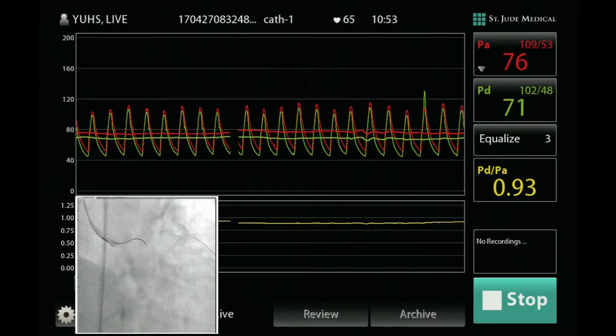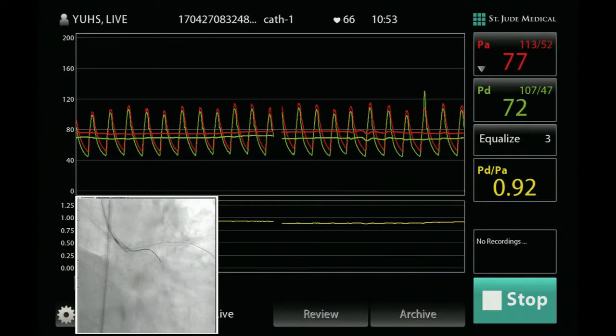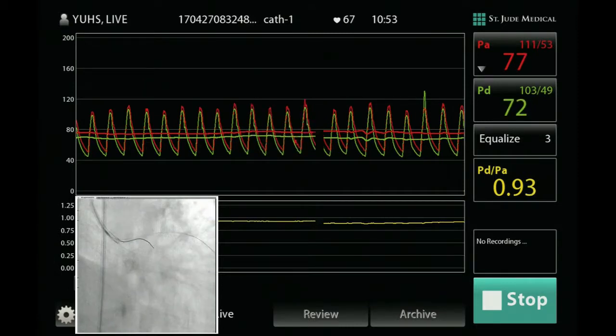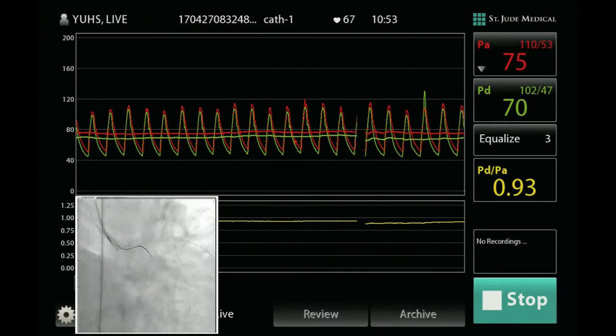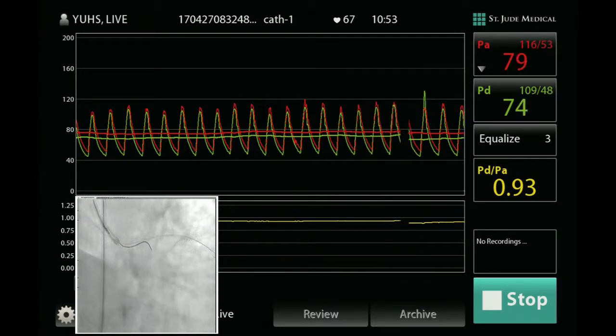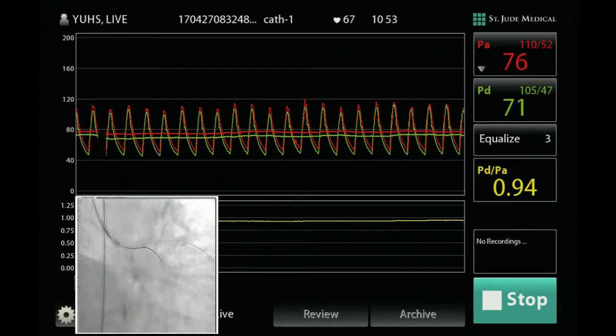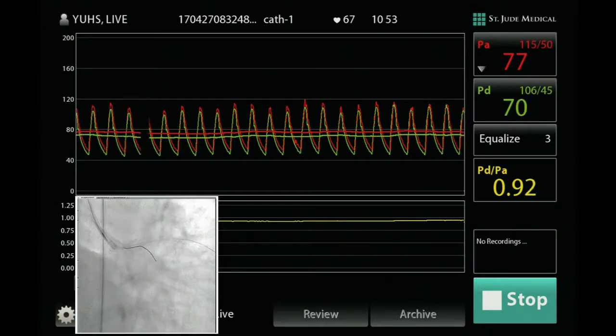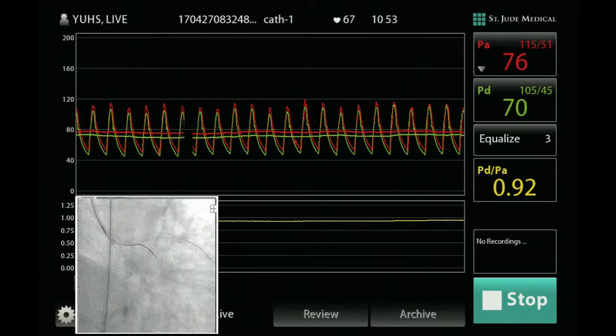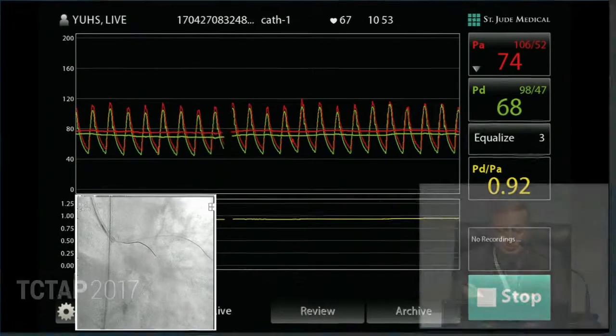But you need to stop the adenosine first. So not equalized pressure. Yeah, but stop the adenosine. Looks like negative. If you have time, equalization again at the guiding tip.